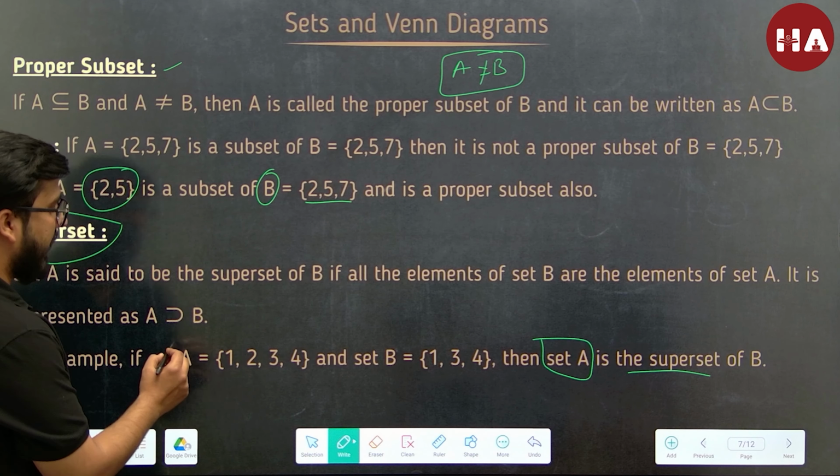So you'll add up all the elements and write them in the union. For instance, say A comprises elements 1, 2, 3 and B comprises elements 3, 5 and 6. Here you can see that 3 is common in both the sets. This area comprises set A, this area comprises set B, and this intersection is the common area.